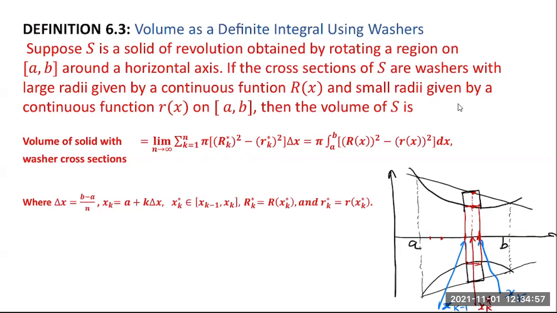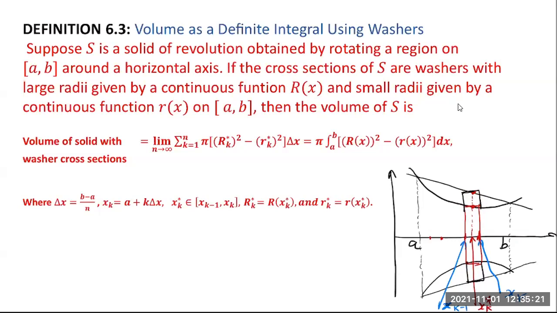Now, as you can see, you have a washer. This is your washer. Okay. You have an empty interior. Notice that you have an empty interior. This is an empty region. Okay. So if you rotate this region about the x-axis, you get a washer.